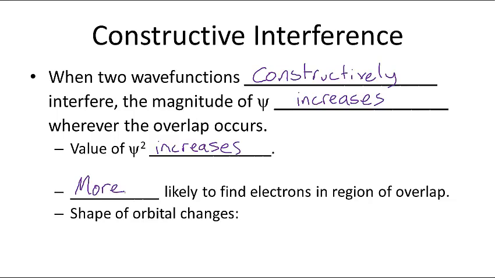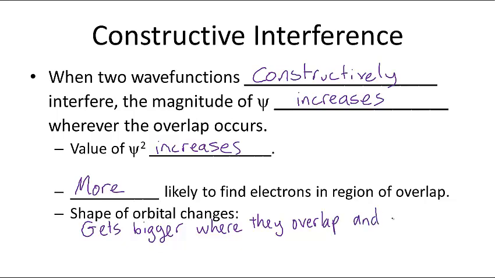And since probability has to add up to 100% over all of space, if it gets bigger in one place, it has to get smaller somewhere else. So what happens is the orbital gets bigger where they overlap, and smaller everywhere else.